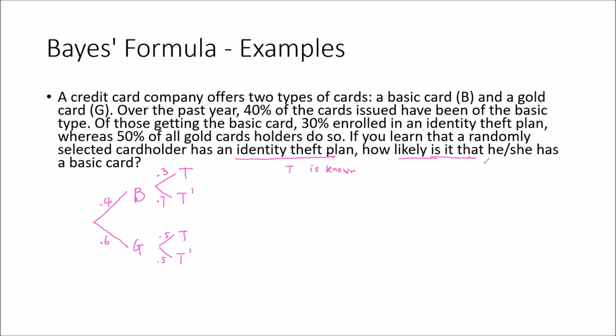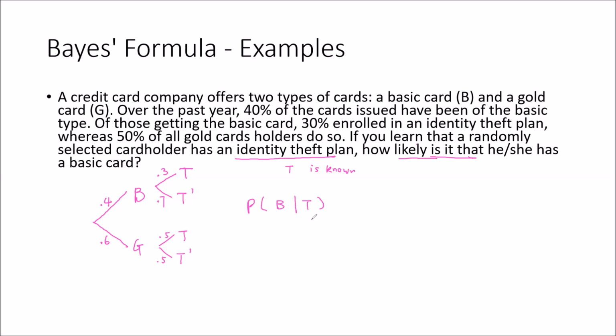It's a conditional probability, conditional on T. And we're looking for the probability that this person has a basic card B. So from the question asked, we express it as this conditional probability.